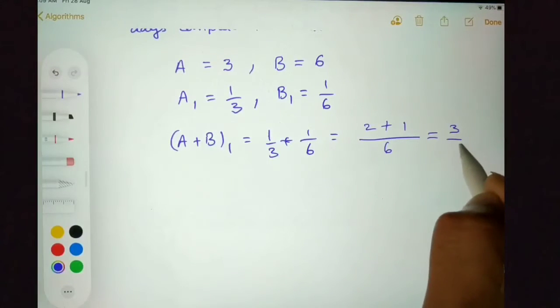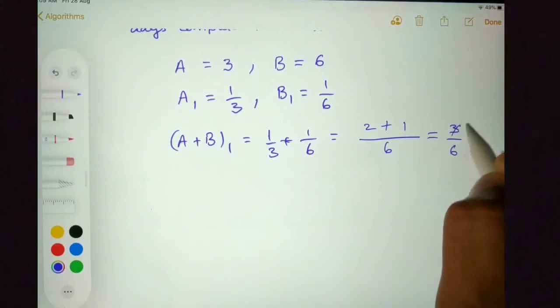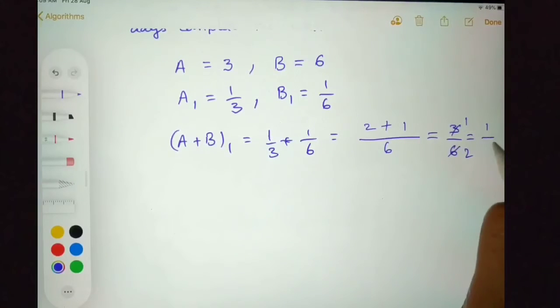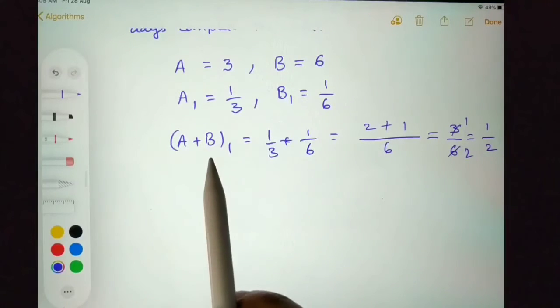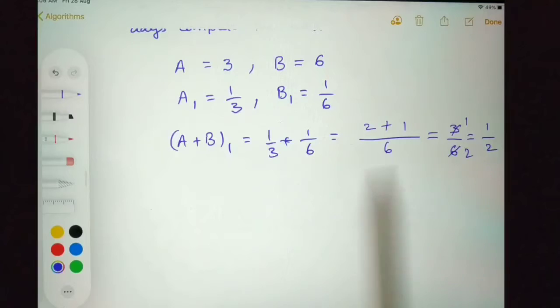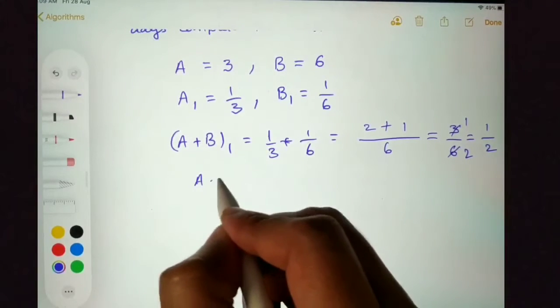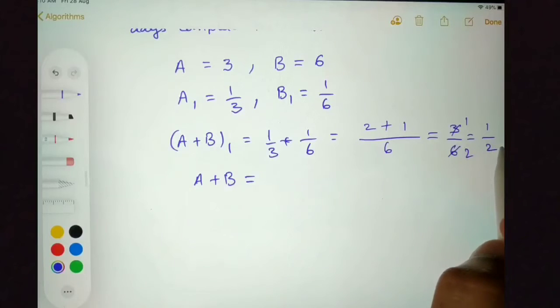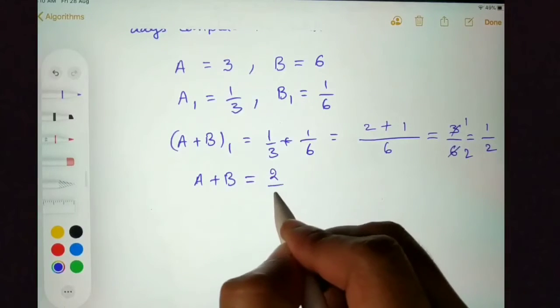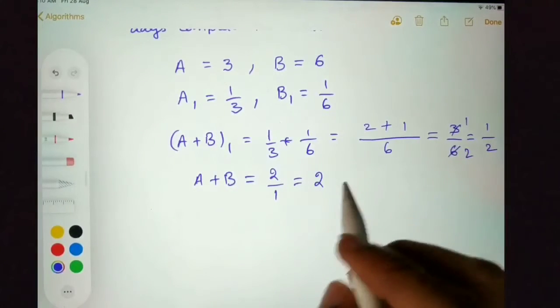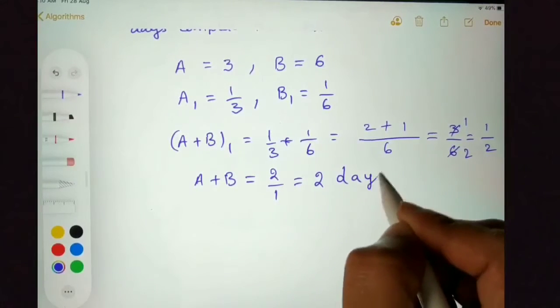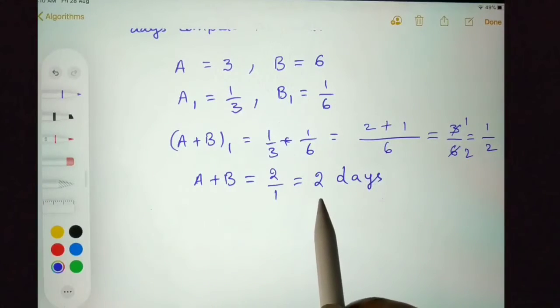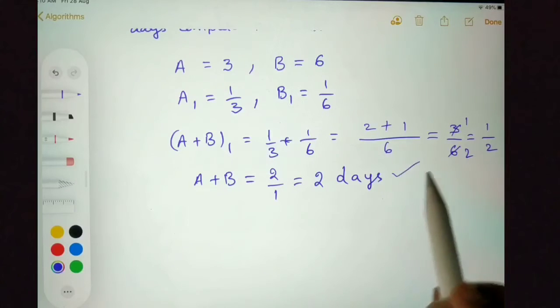Total 3 by 6. This is 1 by 2. A plus B's 1 day work is 1 by 2. If we ask in how many days A plus B together can complete the task, then we need to reverse it. That is 2 by 1, and the answer is 2 days. A and B together can complete the task in 2 days.